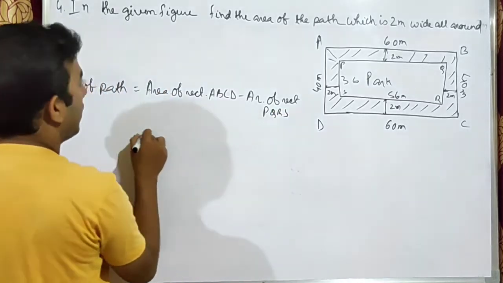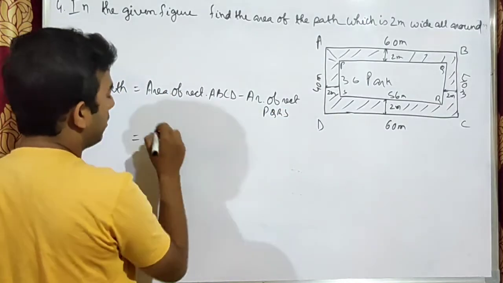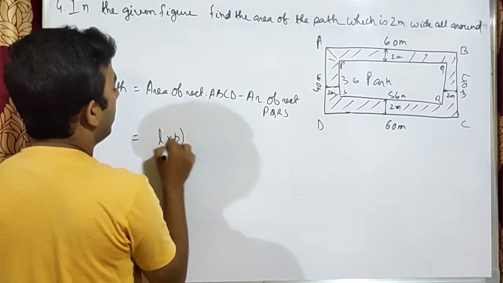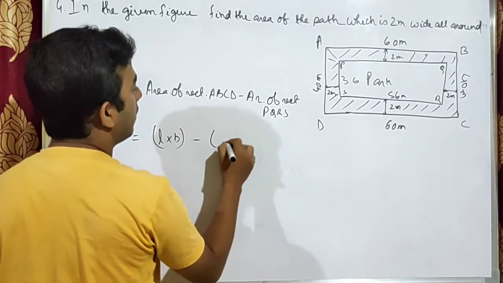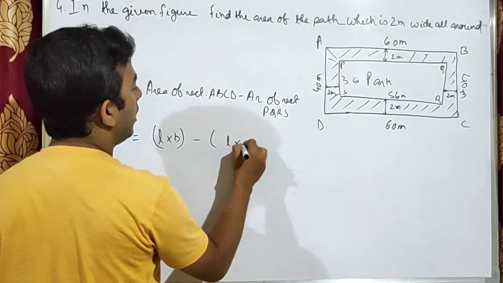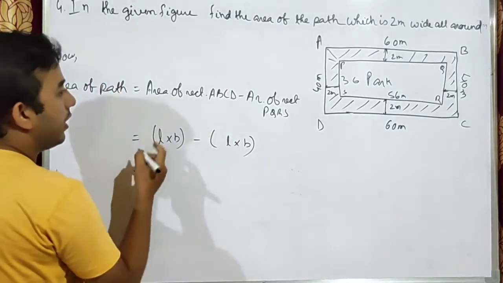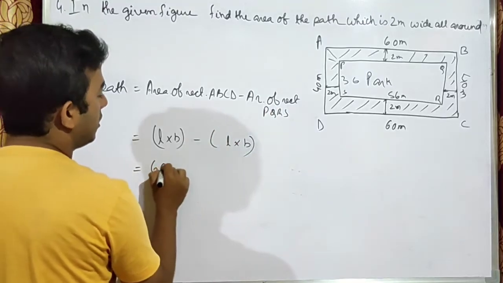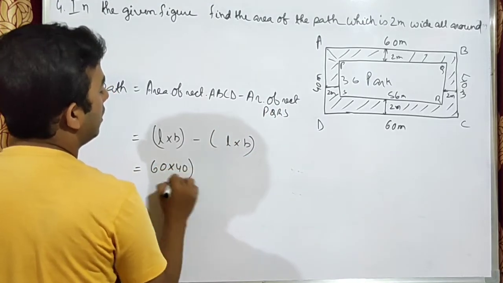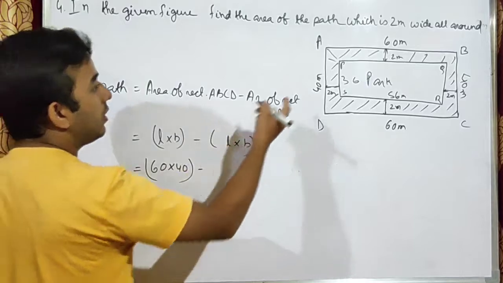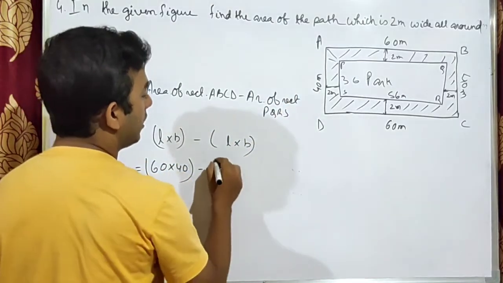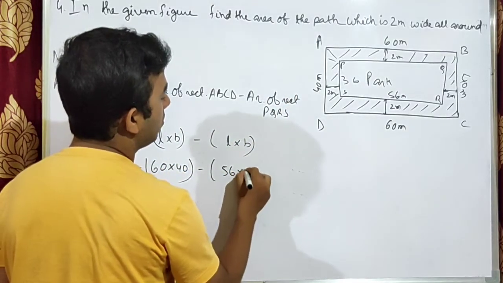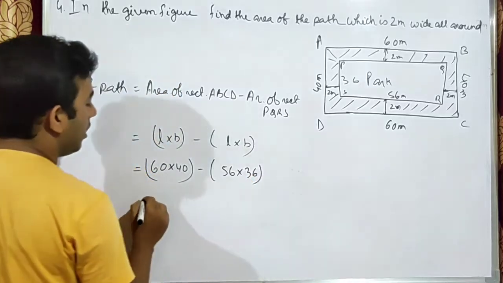Okay. Now area of rectangle is length into breadth, minus area of rectangle PQRS is also length into breadth. Clear? So here in area of rectangle ABCD, length is 60, breadth is 40. Then minus in area of rectangle PQRS, length is 56 into 36. Clear? Okay.